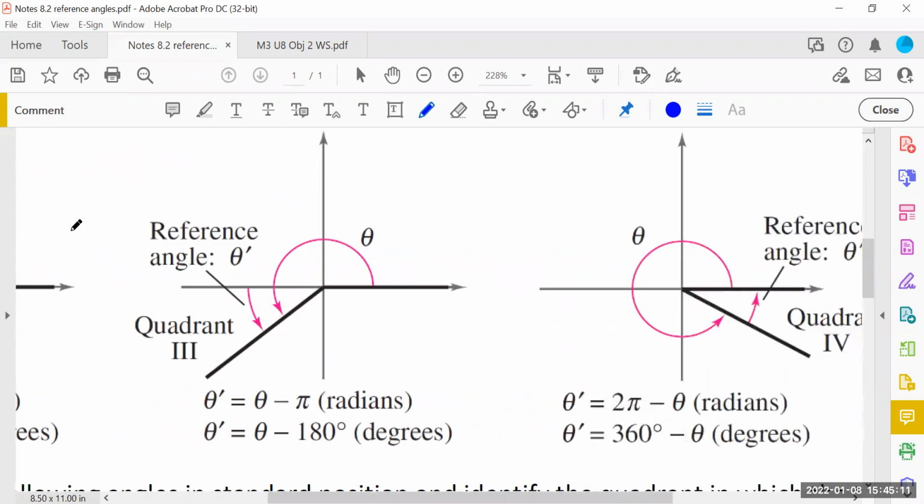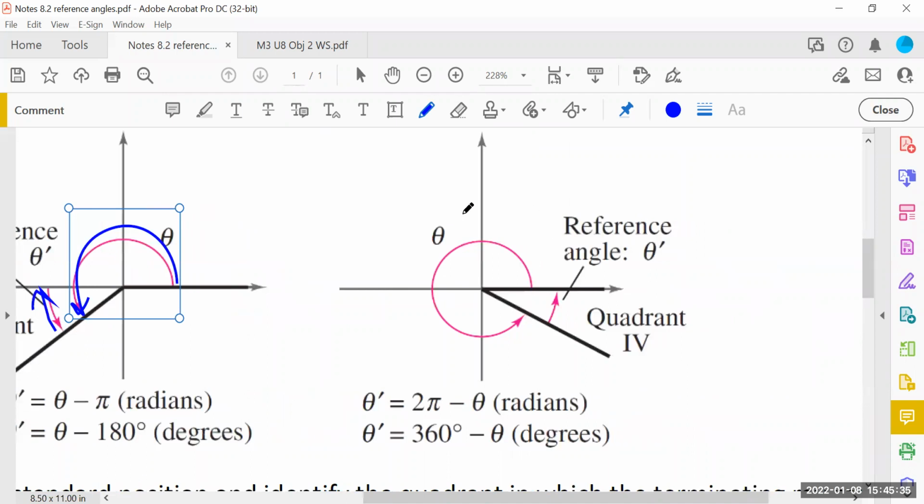If I'm in quadrant 3, then I've gone past 180 degrees, 180 to here. I'm going to take my angle and subtract 180 from it to go backwards and see how far past the 180 degree measure I went. And again, whatever I find there, that little acute angle between 0 and 90 degrees is going to be my reference angle.